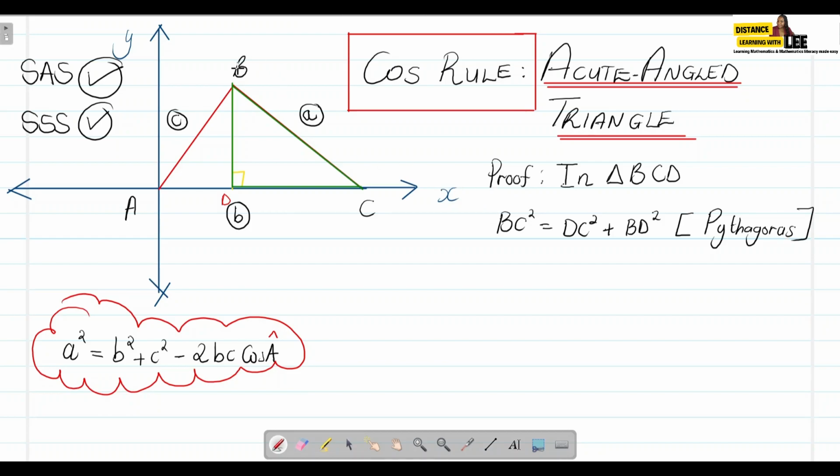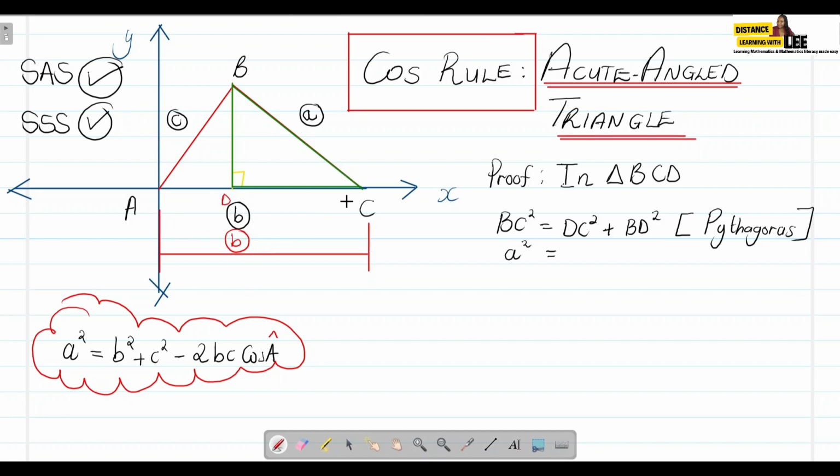So in this case, we already know that our BC can be written as A. So it can be written as A squared, which is equal to, what is DC, guys? What do you notice about DC? We can see that from here to here, that length is actually B. So what does that say about DC?